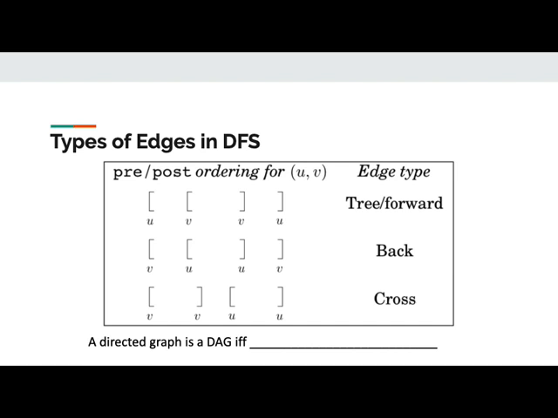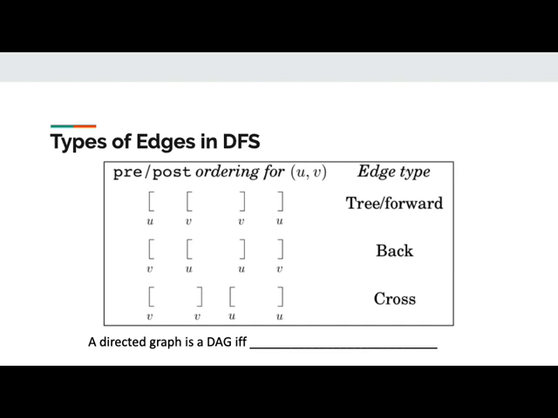You can determine the type of edges by looking at the pre-order and post-order. For a tree edge and a back edge, the pre-order and post-order patterns are the exact opposite. That's why a back edge creates a cycle. And a cross edge is when you explore one node, finish it, and move on to the next one.